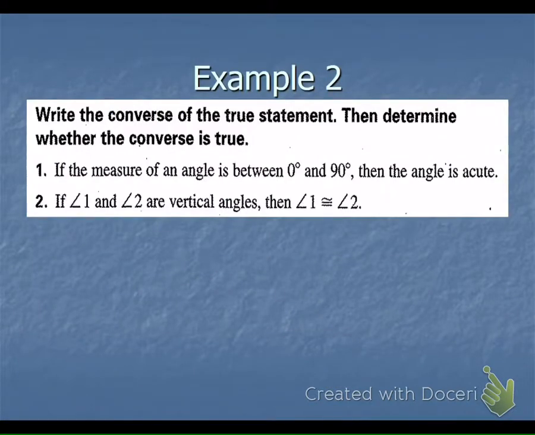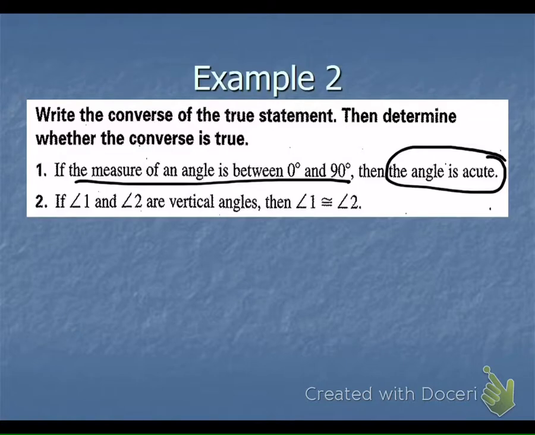Let's look at number 2. Write the converse of the true statement, then decide whether the converse is true. The first one says, if the measure of an angle is between 0 and 90, then the angle is acute. So write the new statement with me. If what? Yep, you just flip-flop them.